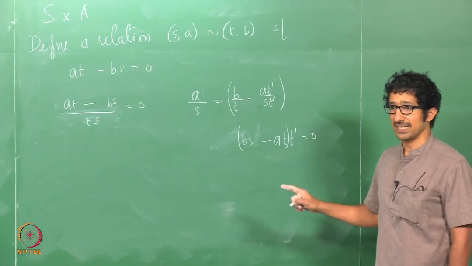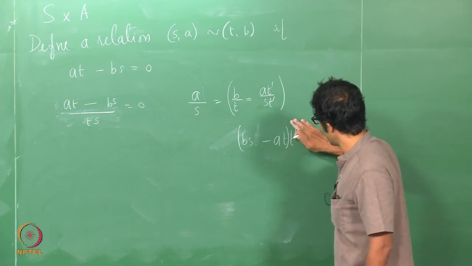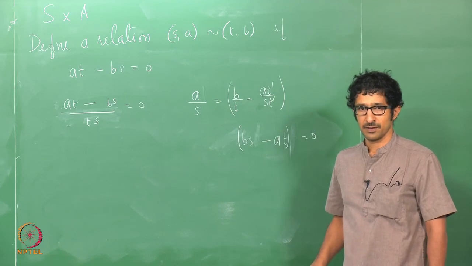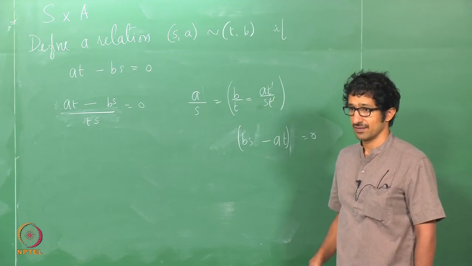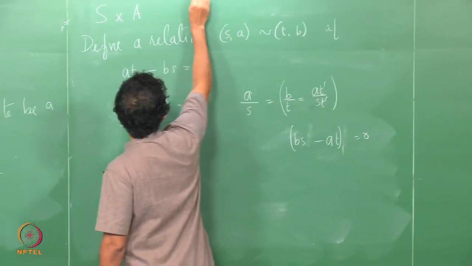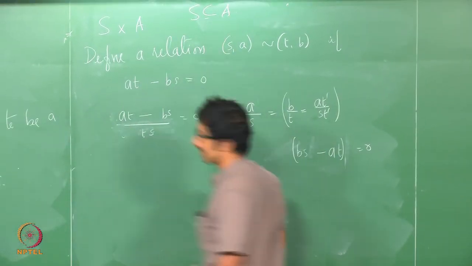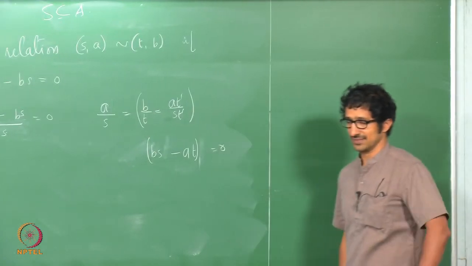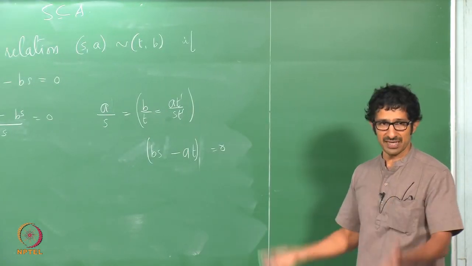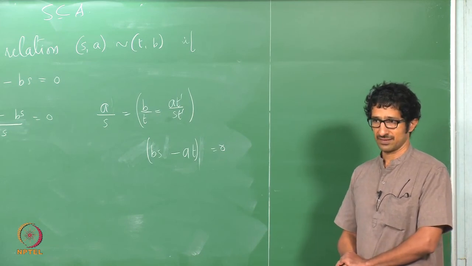In the case of Z, this 0 will automatically imply that this is 0, but S is a subset of A. We are inverting some elements of A. Okay.